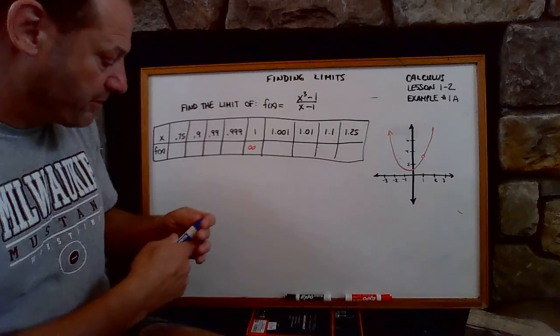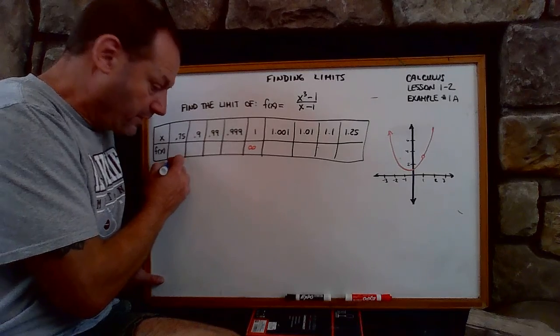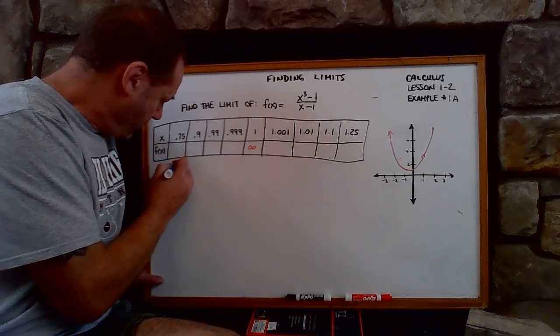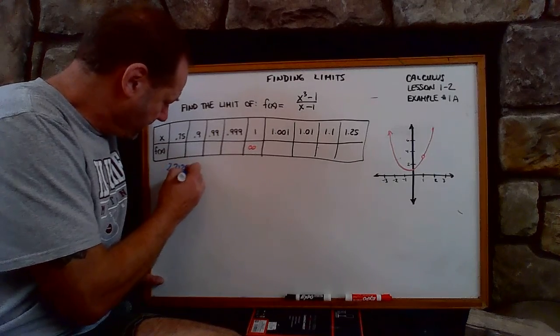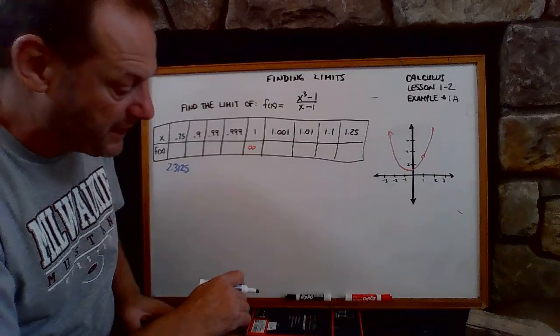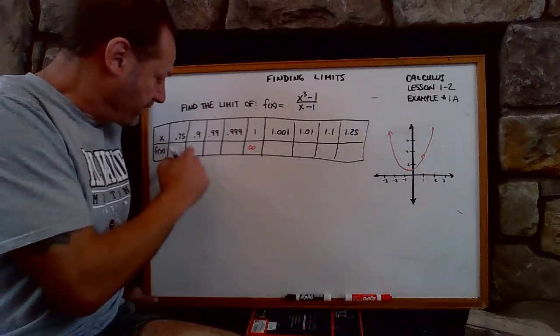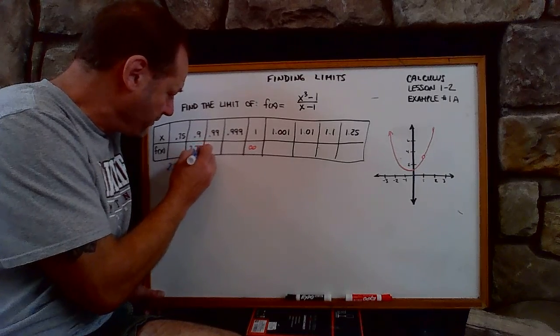So if I were to plug these into my calculator, I would get that this value here is 2.3125. Okay, I just put 0.75 in here and 0.75 in here and figure out what the answer is. If I plug in 0.9, I'm going to get 2.71.